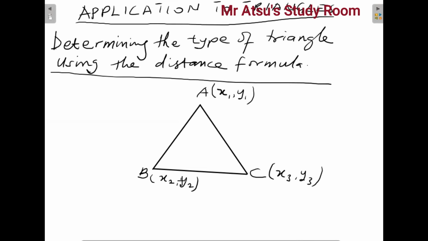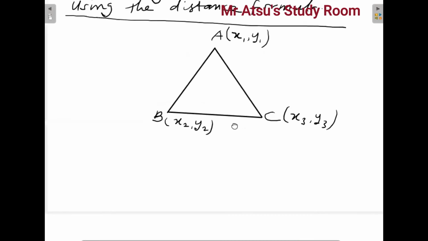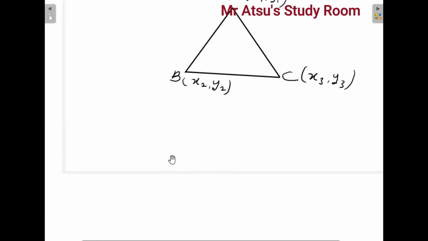Then it will be expected of us to calculate the distance AB, which is the same as the length or magnitude of the side AB. Then we find the magnitude of the side BC and magnitude of the side AC using the distance formula.